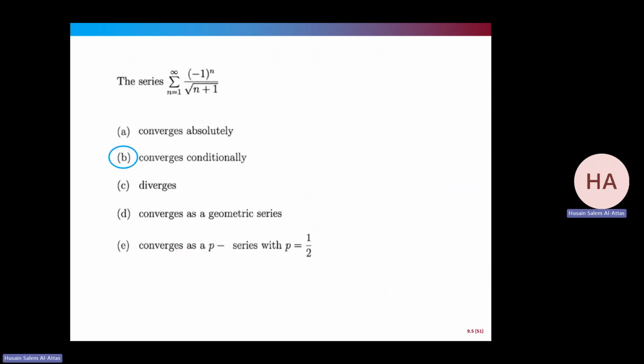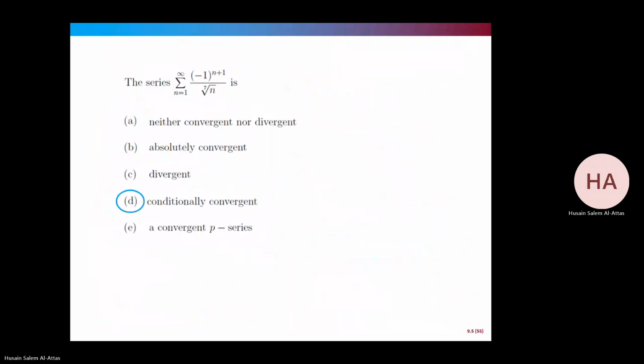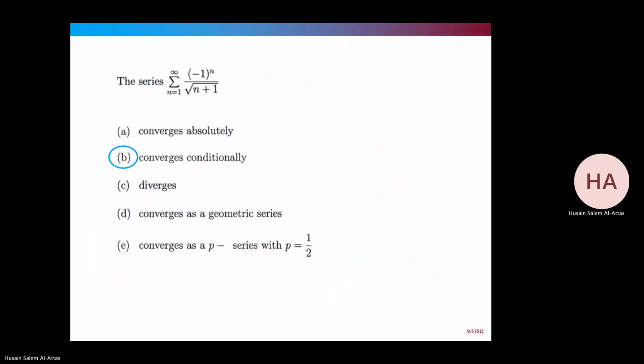This one, 1 over square root n plus 1. For sure, this converges conditionally. Very clear. This one converges by the alternating series test.